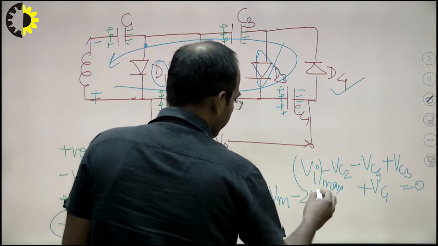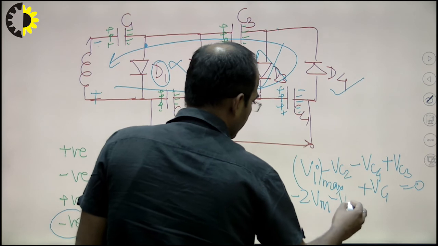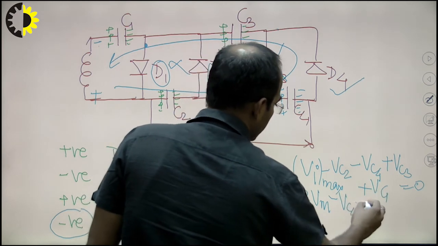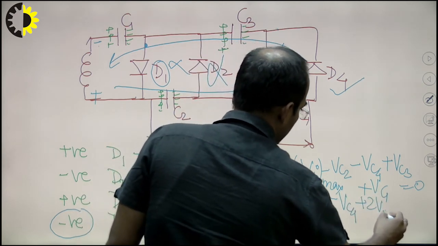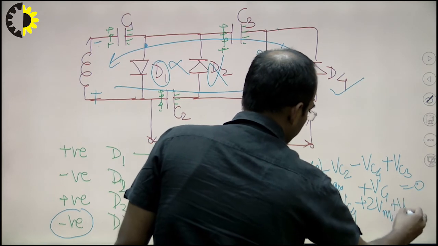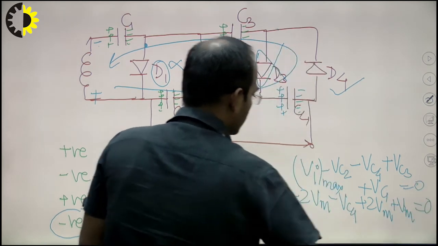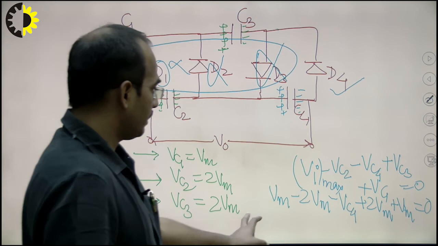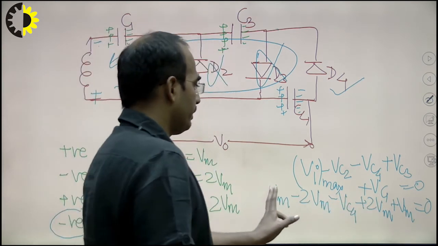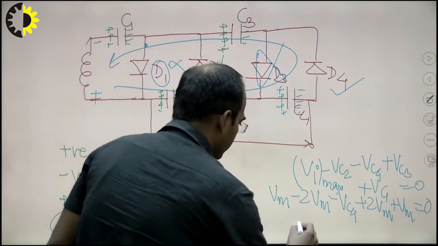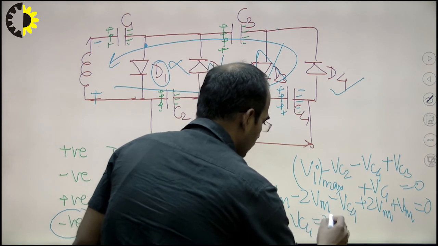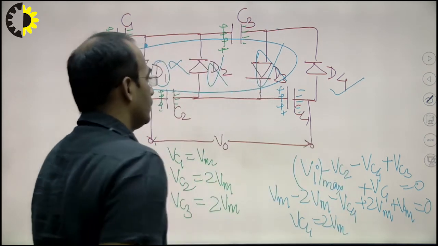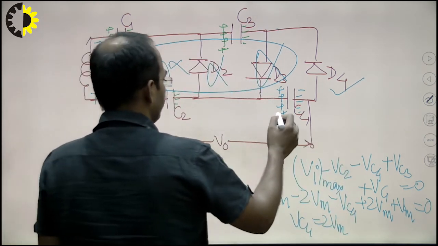Vc2 is twice of Vm, Vc3 I have already found to be twice of Vm, plus Vc1 is Vm. So, the Vm plus Vm minus twice of Vm will cancel out, and Vc4 will be equal to twice of Vm.